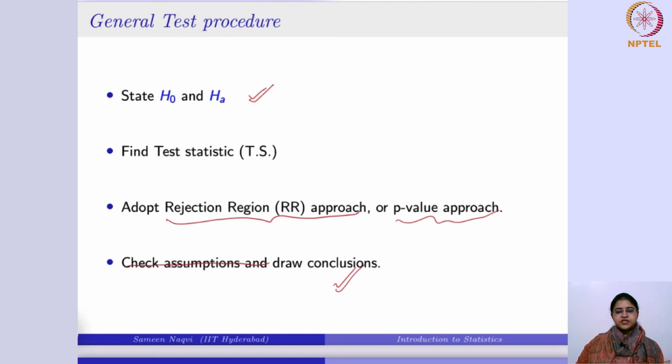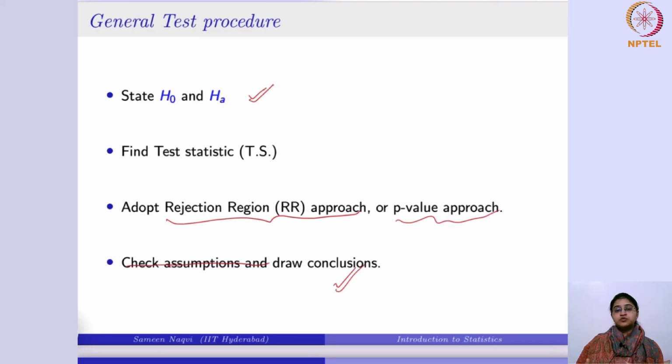So we have studied till now what a hypothesis is, what we mean by null and alternative hypothesis, and the basic concept behind hypothesis testing. Why do we need it? Why are we rejecting the null? Why are we not proving it? What do we mean when we reject the null hypothesis?